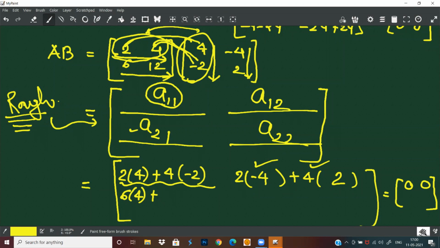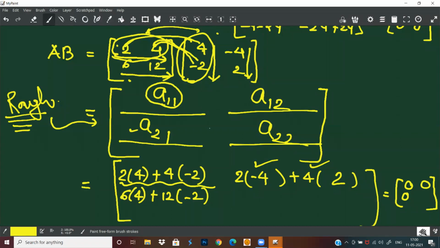Now second row will go with first column यहाँ के लिए. So 6 will go with 4 plus 12 will go with minus 2. So 24 minus 24 मेरा ये भी 0 आया.